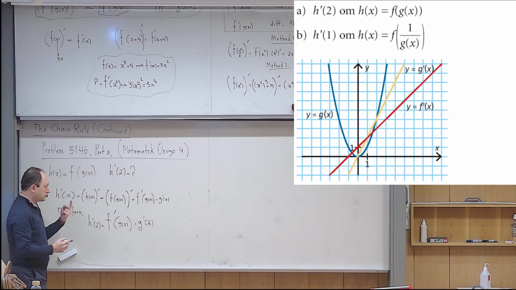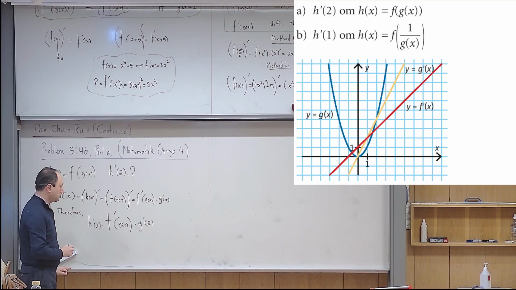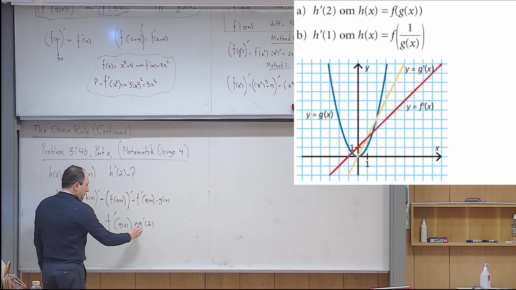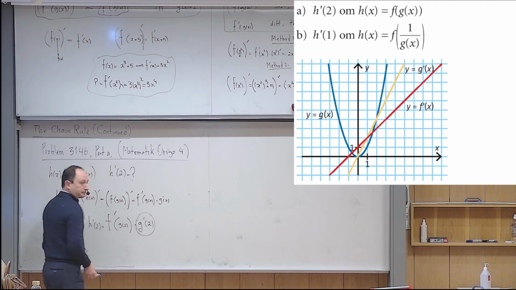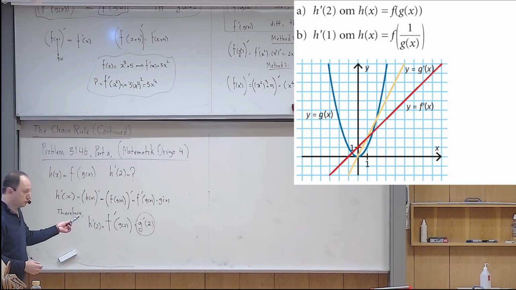Okay, so there are two pieces that I have to read from the information provided for me in the picture. I think this is the simple one first. I want to know what is the value of g prime of 2. So which one of these graphs contains the information for me? The yellow, because this is just g prime of x. But I want to know what is g prime of 2.